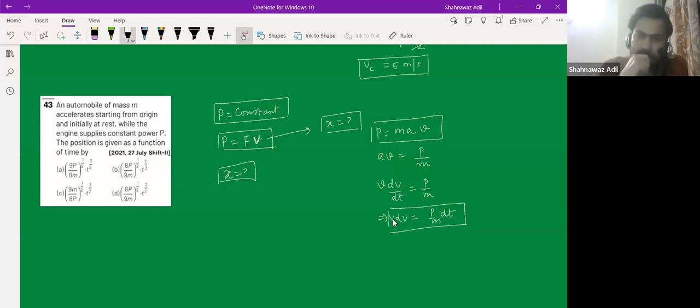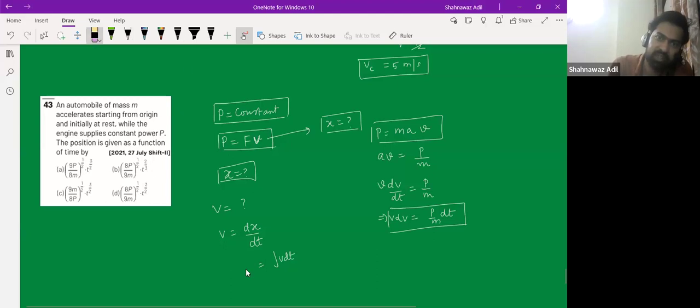Yes, guys, what is the answer you are getting? Whatever v you get, you have to just put that as dx by dt. And then you have to integrate it again so that you get x. So that is the idea of this question.